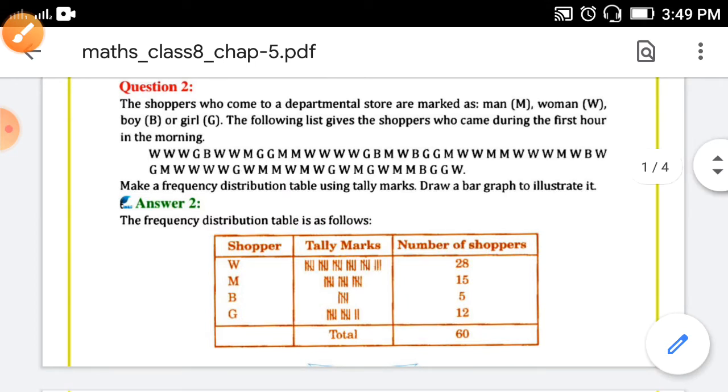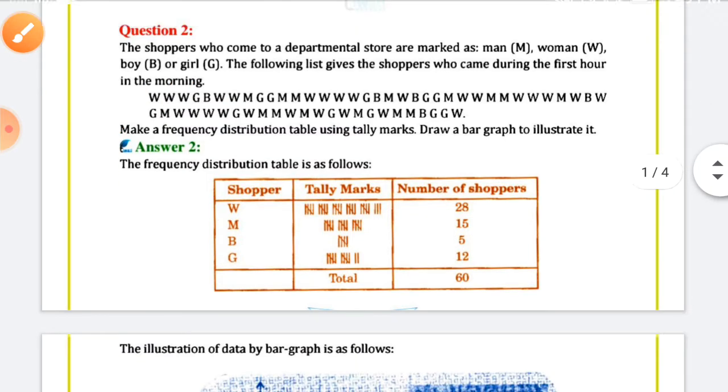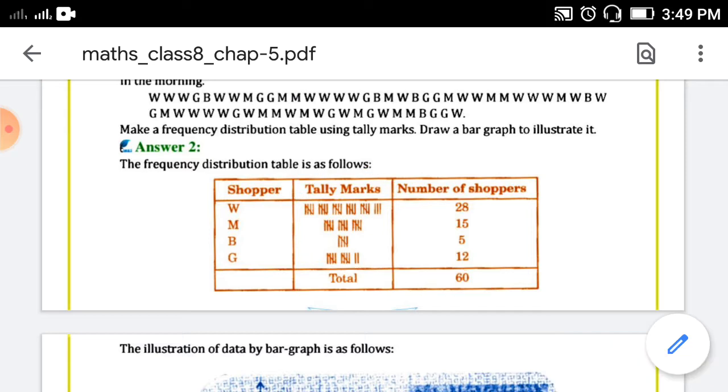How many women are there? You count 1, 2, 3, 4. You can see in your textbook also: women 28, men 15, girls 12 and boys 5. The total number of shoppers is 60, and draw the tally marks.